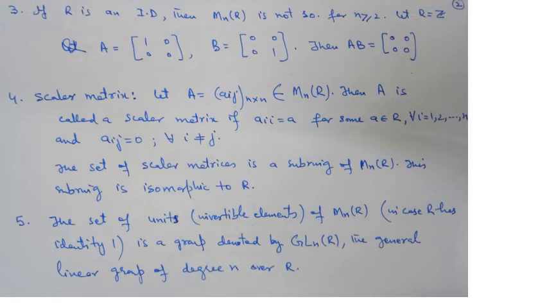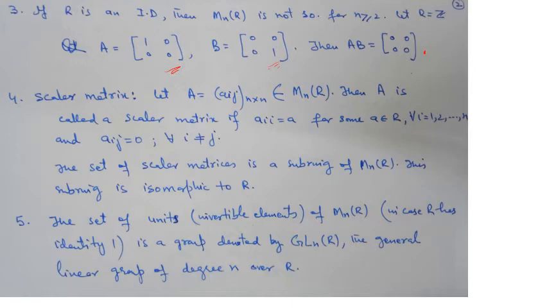For example, take A equal to 1, 0, 0, 0 and B equal to 0, 0, 0, 1. Then A is non-zero, B is non-zero, but AB is the zero matrix. So M_n(R) is not an integral domain.